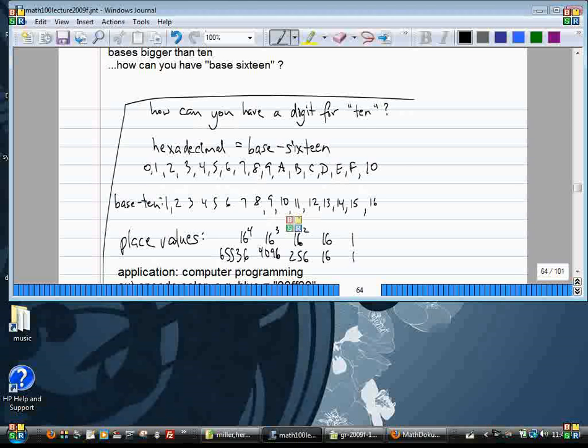A quick comment. Some computer applications, for some reason, at some point, someone said, let's write this stuff down in hexadecimal, base 16. I don't know why, but they did. I'll give you one example of where this is used.